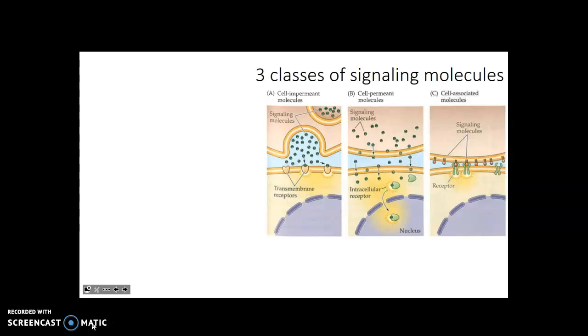Now let's say a word about the types of ligand or signaling molecule itself. The book likes the word signaling molecule. I often say ligand, so you'll probably hear both, right? The first sort of class of molecules are those that are cell impermeant. These molecules cannot get through cell membranes, so they must activate receptors on the cell's surface.